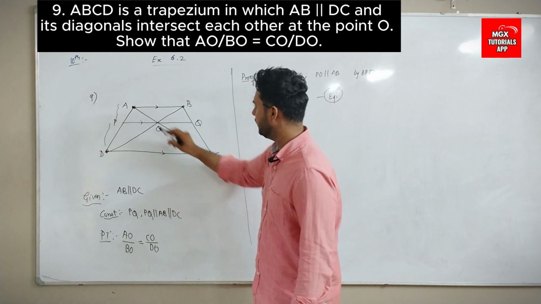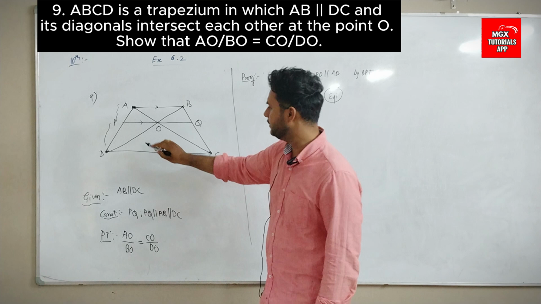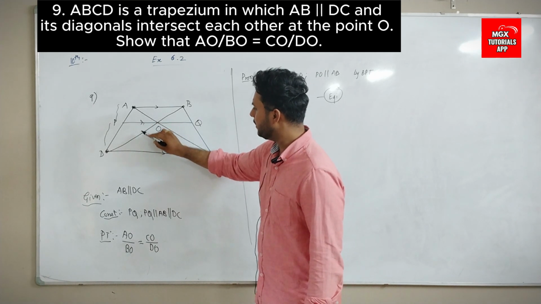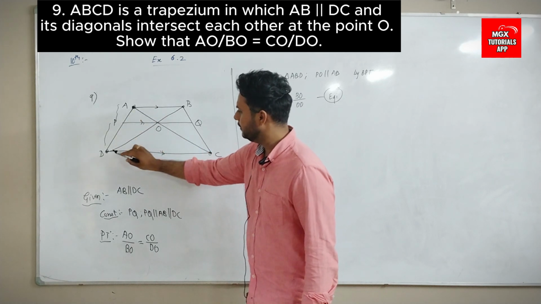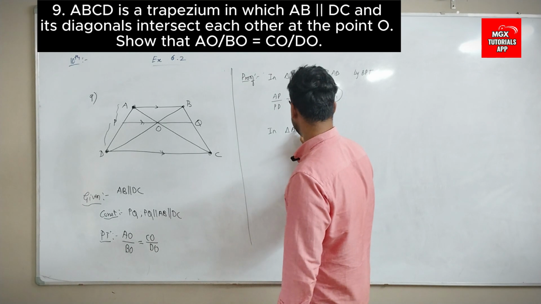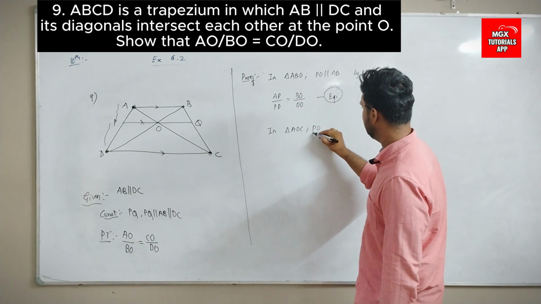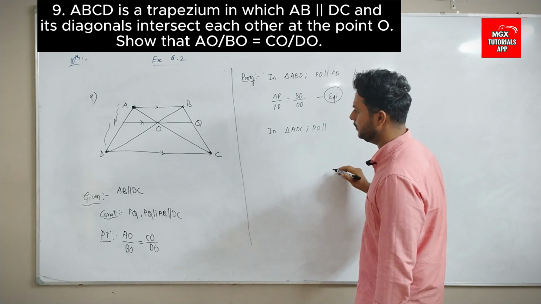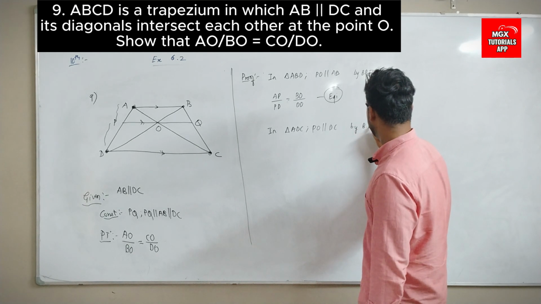Second, I will take this triangle A, D, C. Now see this triangle, and don't look at anything else. And see this parallel. In triangle ADC, what is parallel to what? PO is parallel to DC, by BPT.